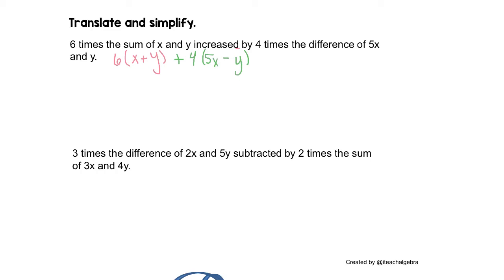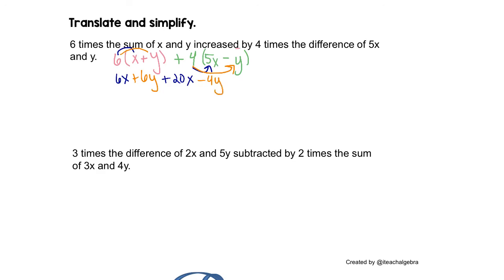Now we need to simplify. So let's distribute twice here. 6 times x is 6x. 6 times y is plus 6y. 4 times 5x is plus 20x. 4 times negative y is negative 4y.